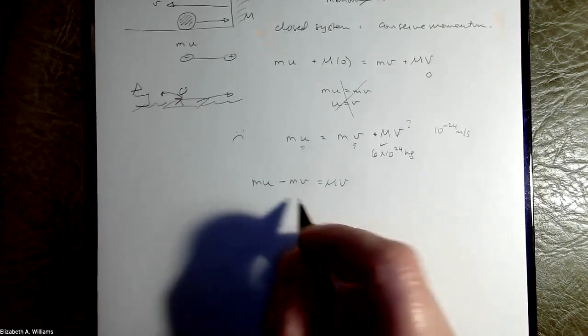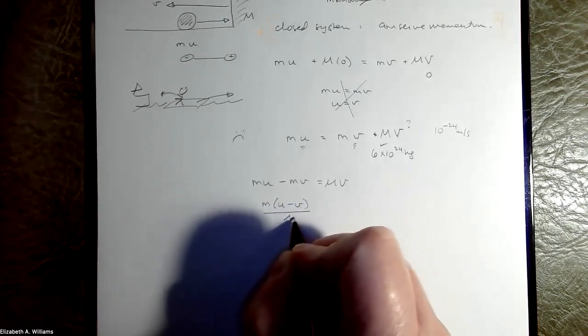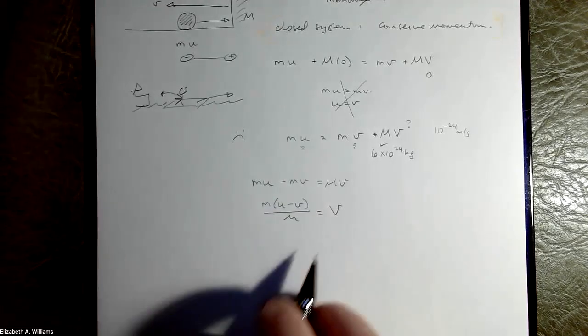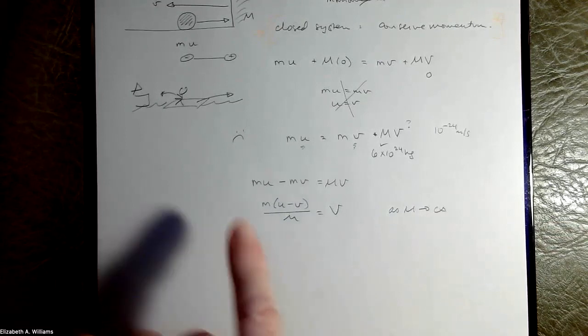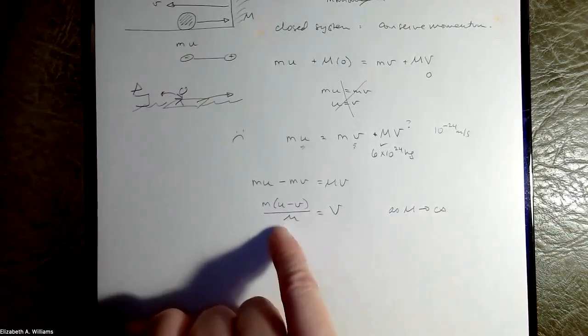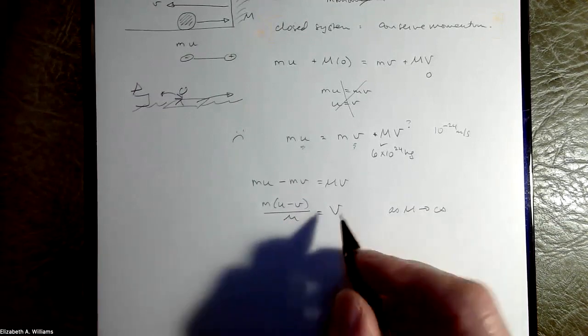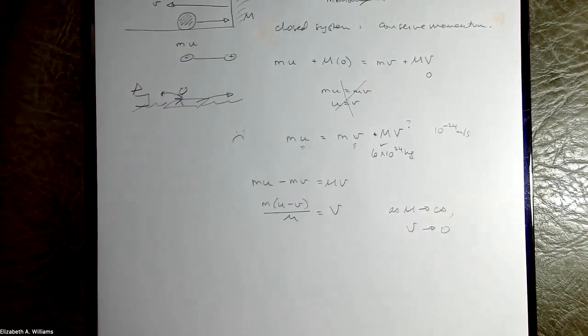And divide by big M, maybe factorize if you feel like it. His argument was, as the mass of whatever you're smacking into gets fantastically big, then the resulting velocity gets really, really, really close to zero.